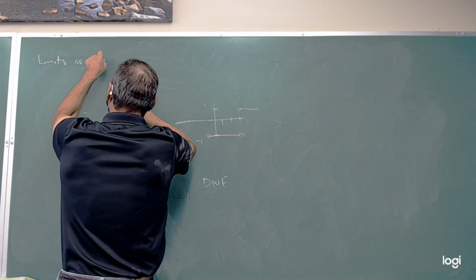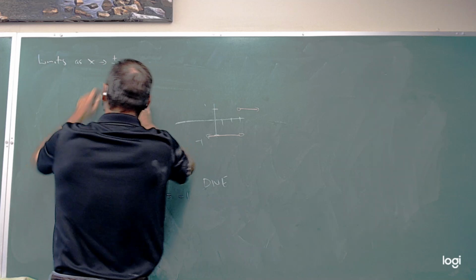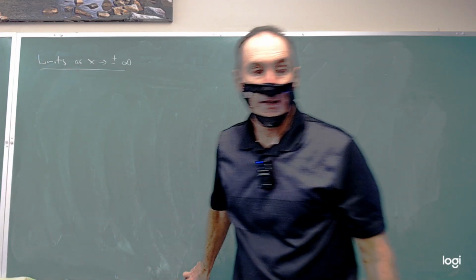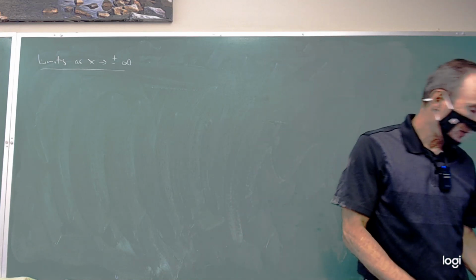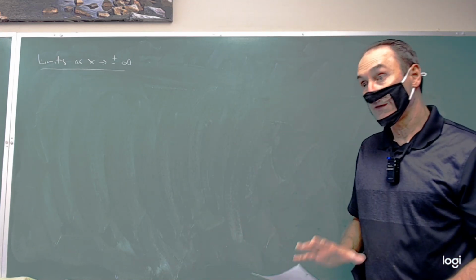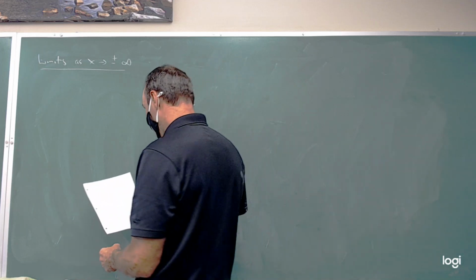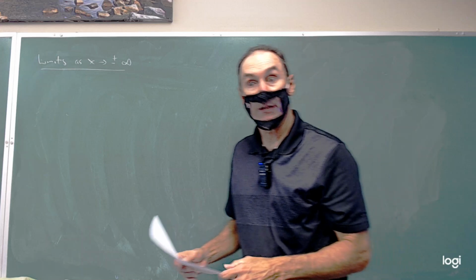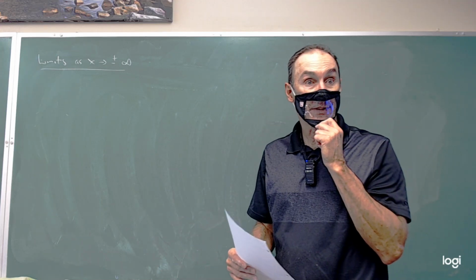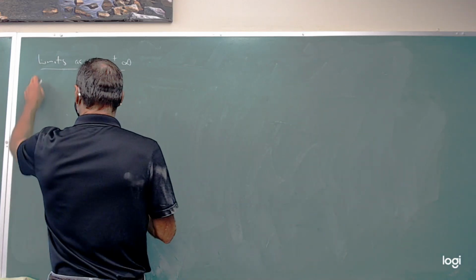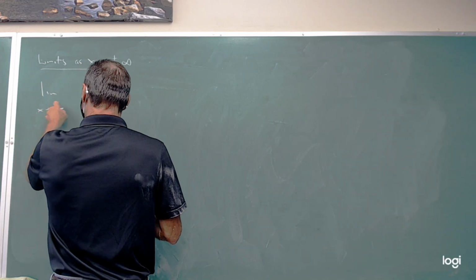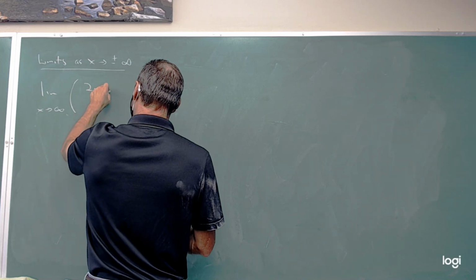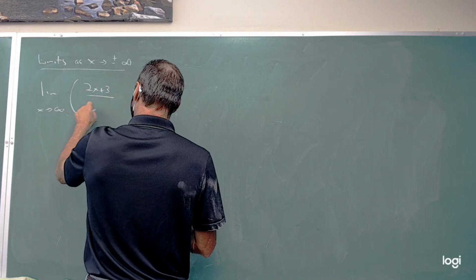Okay. So let's talk about limits as x goes to positive or negative infinity. Now we did some of this last year in AP Prep with rational functions, so I'm going to refresh your memory here. I'm going to put 3 examples up, and we'll talk about what our strategy is and how we can determine what that limit is. The first example: the limit as x goes to infinity of 2x plus 3 over x minus 2.